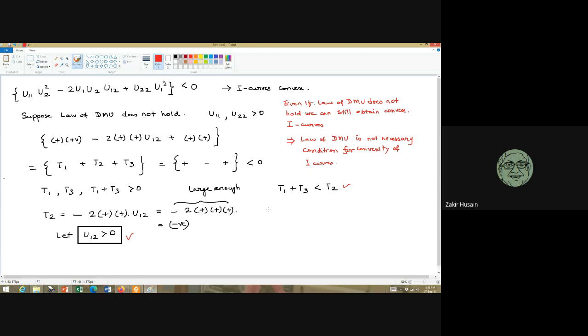And if I combine with the earlier statement, then the law of diminishing marginal utility is neither necessary nor sufficient for indifferent curves to be convex. I just require the law of diminishing marginal rate of substitution. That's all.